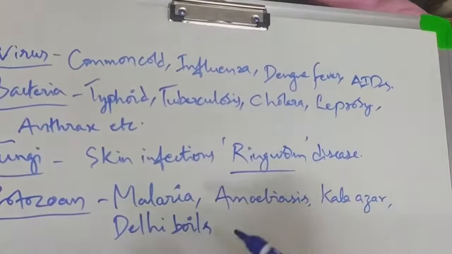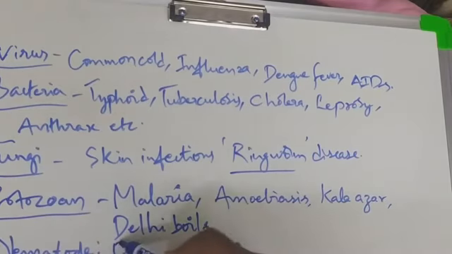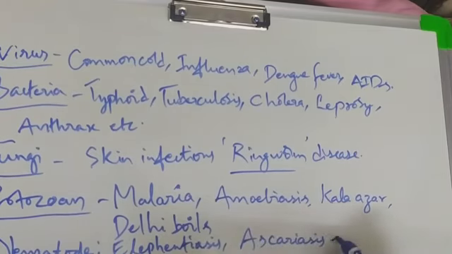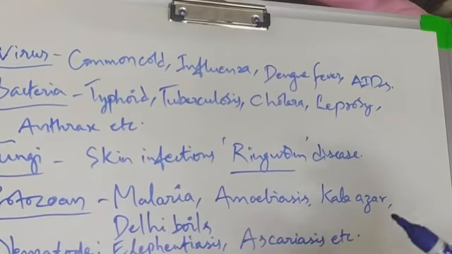And nematode diseases include elephantiasis, ascariasis, taeniasis, ankylostomiasis, and many others.